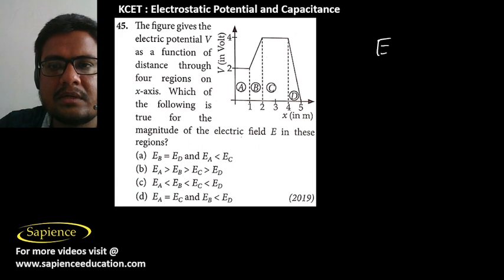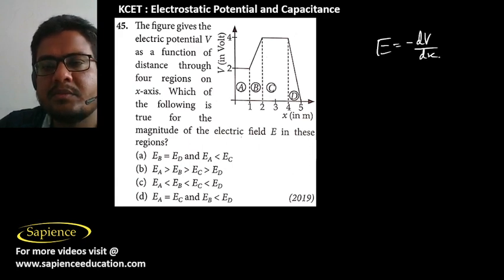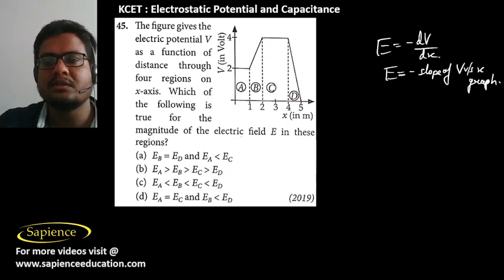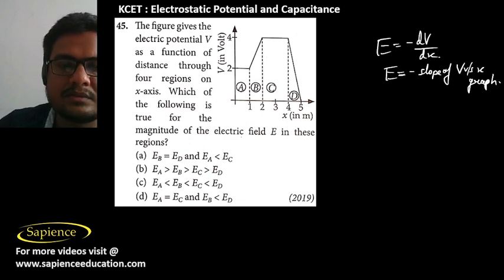So we know that the electric field is minus dV by dx. It means that it is the negative of the slope of the V versus x graph. The electric field at any point we have to find by finding the slope of the V versus x graph.